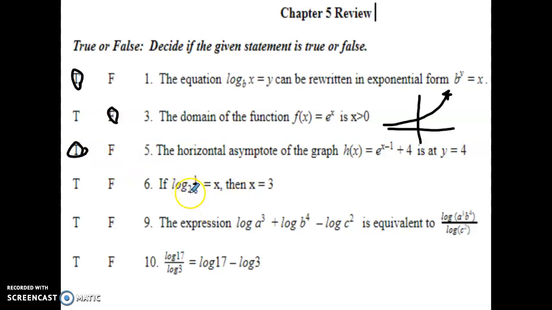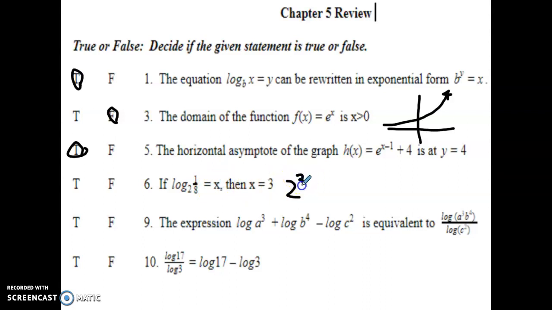If log base 2 of 1/8 equals x, then x equals 3. Well, I would change this to exponential form. So let's see if that is true. So the base is 2, so I would write 2 as the base. The power is what's standing alone, the power is x, but here it says that x is 3.